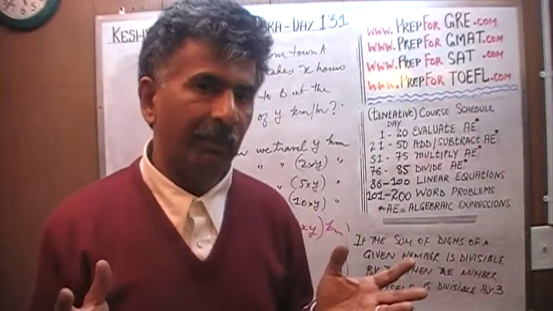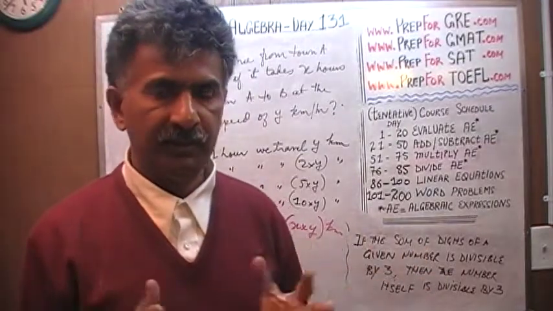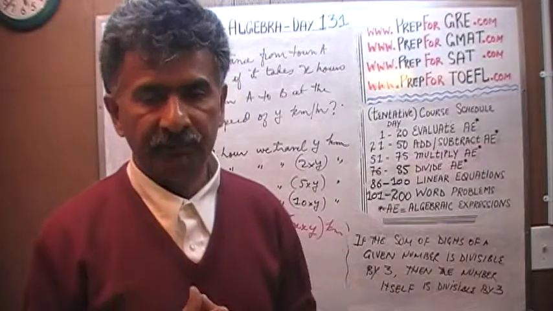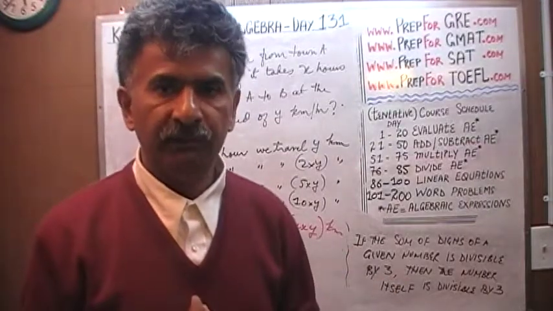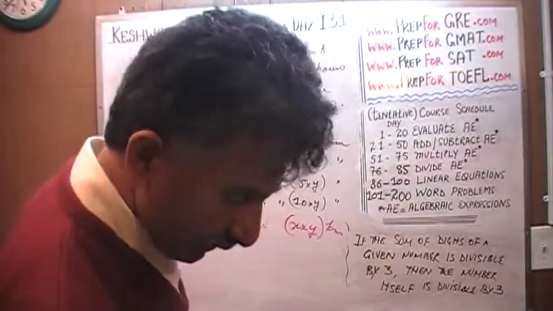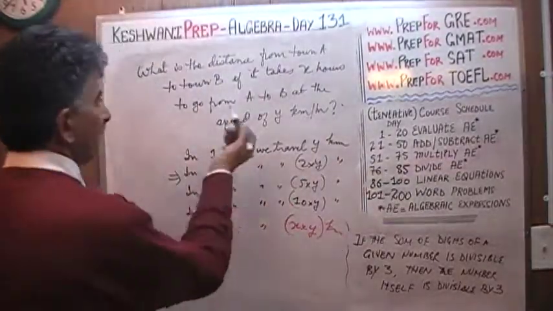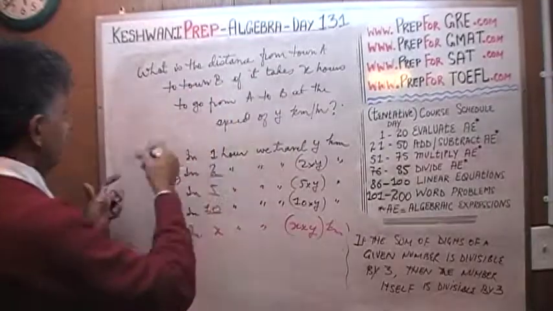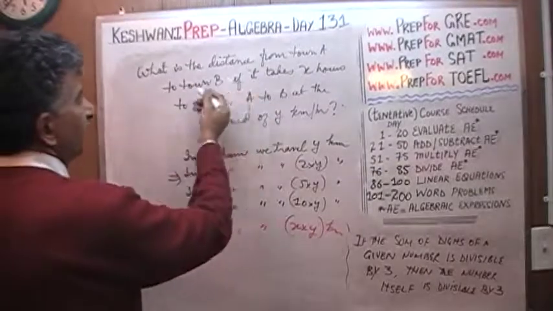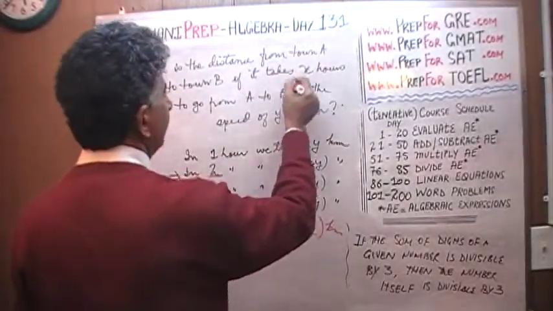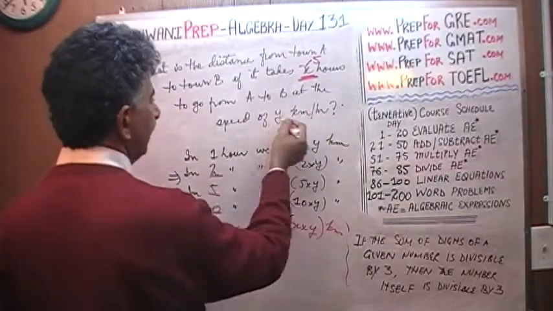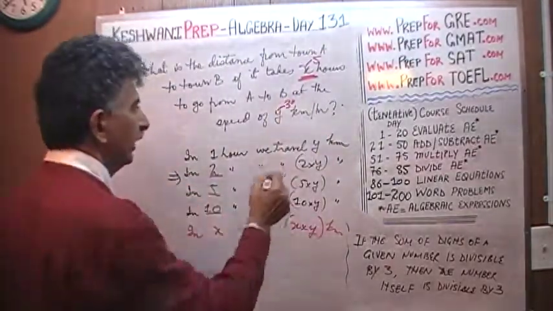So if you're going 30 kilometers per hour and you travel for 5 hours, you would go 150 kilometers. Where did this 150 come from? From 30 times 5, which is what we have here. Let's plug in numbers here. What is the distance from town A to town B if it takes 5 hours to go from A to B at the speed of 30 kilometers per hour?